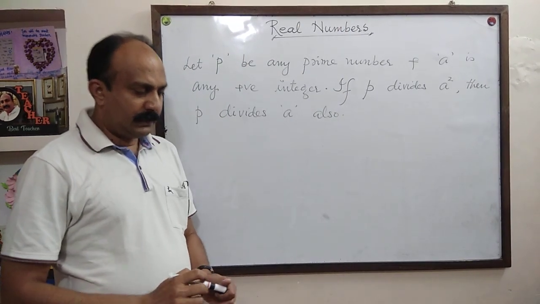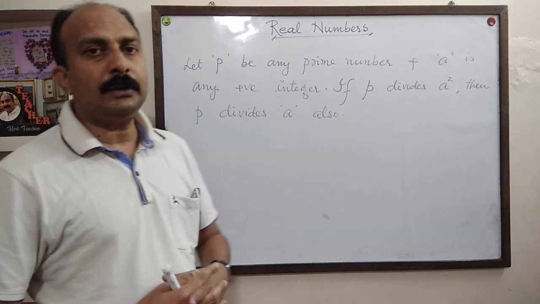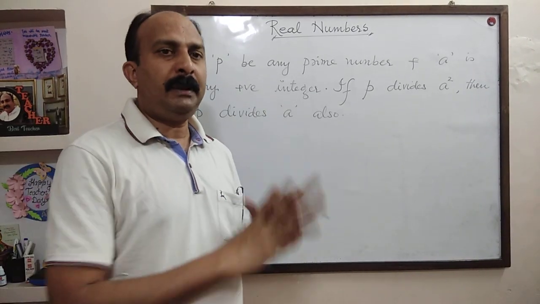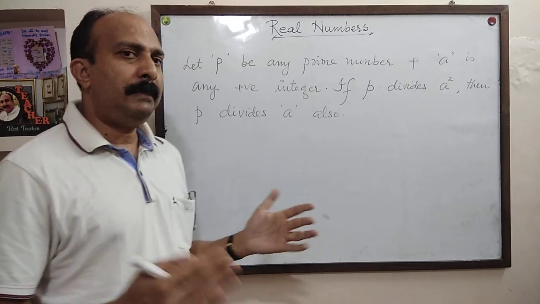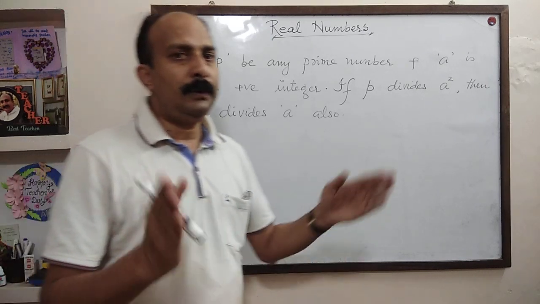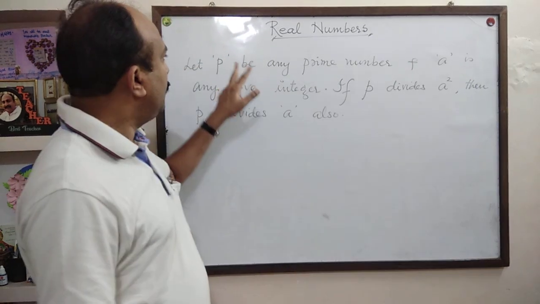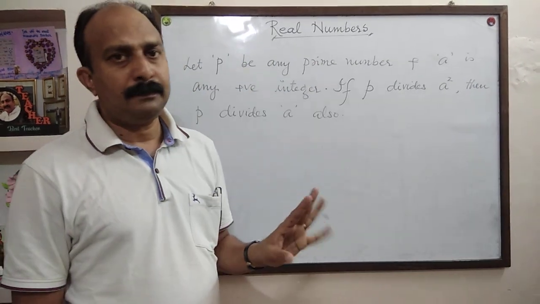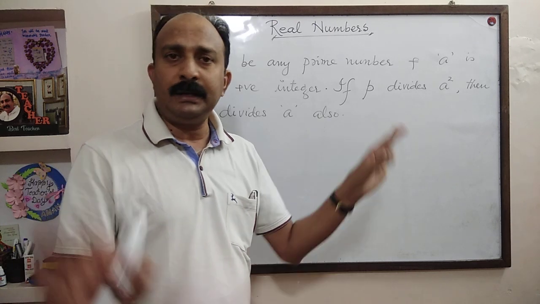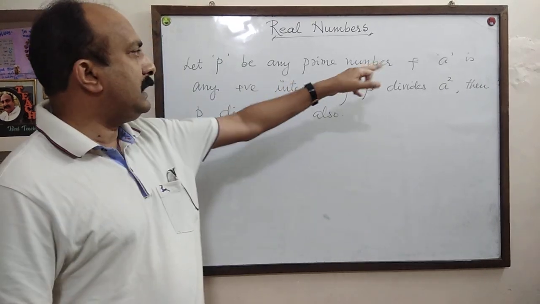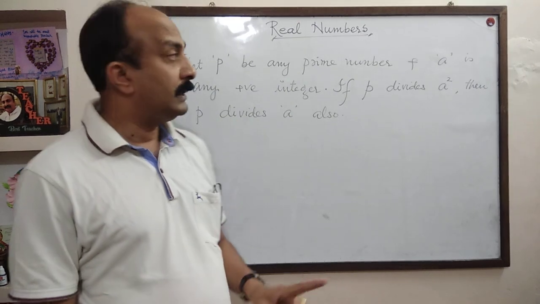The statement may be a little difficult to understand, like the previous statements also, but the meaning is very simple. When I expand the meaning of the statement, you will understand it clearly. p is any prime number. Prime numbers are 2, 3, 5, 7, etc. And a is any positive integer.